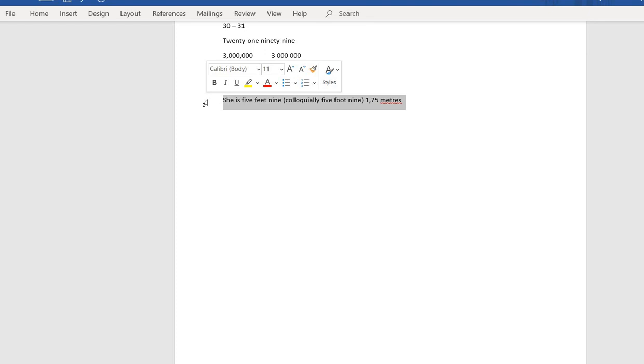And something I had forgotten to add was a reference to height. She is 5'9". Colloquially, people will go 5'9", which is equivalent to 1.75 meters. And this one's underlined in red because they expect the American spelling, right?